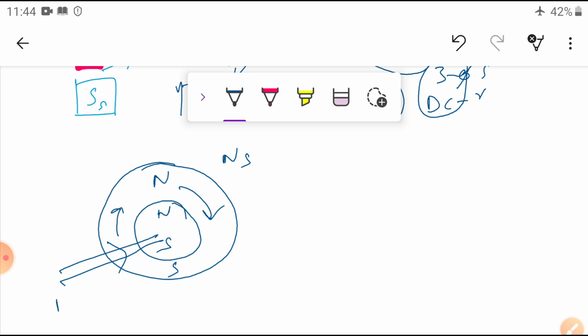Then the rotor, given mechanical input, also rotates. Whenever this becomes the south pole and this becomes the north pole, due to the opposite polarity they interlock with each other.